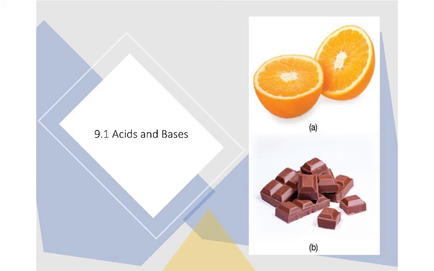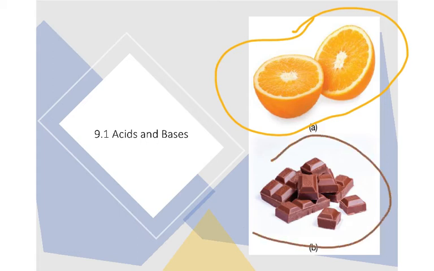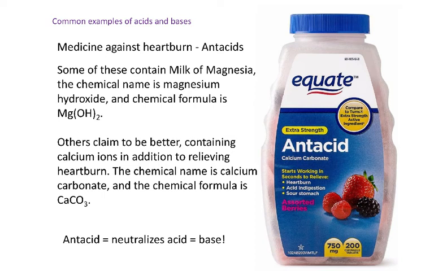And here are some examples of natural things that are acidic and basic. So oranges, citrusy things tend to be a little acidic, and chocolate and cacao is basic a little bit. Some other common examples is an antacid, right? So if you have heartburn, you can take medicine against that, and some of these contain milk of magnesia.